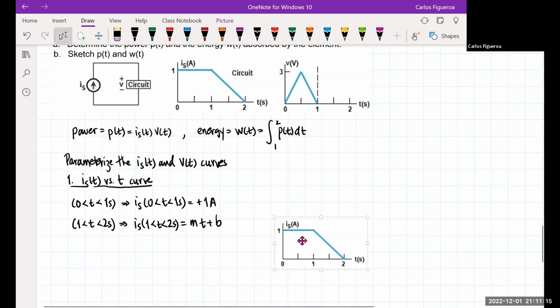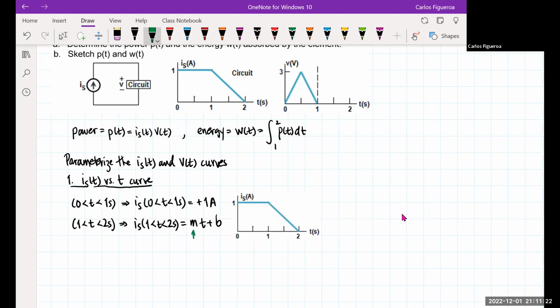So in order to calculate the slope and the intercept, I'm going to need 2 points. So I'm going to pick 2 points on this curve.